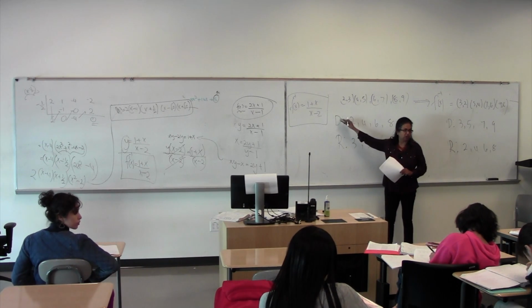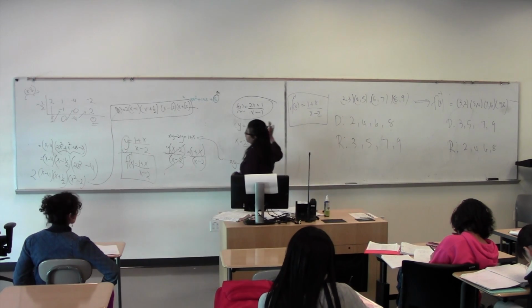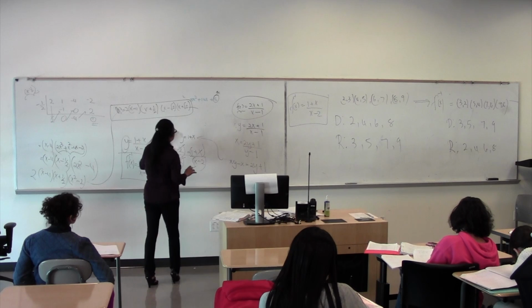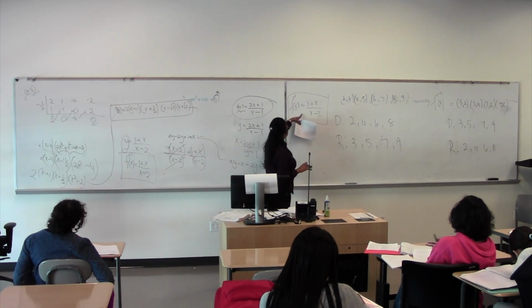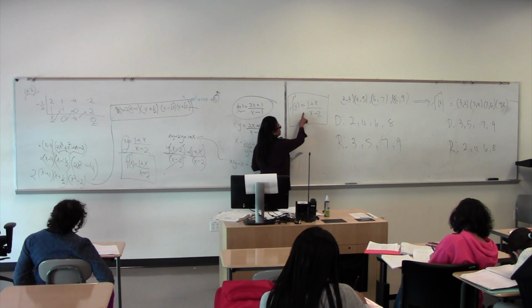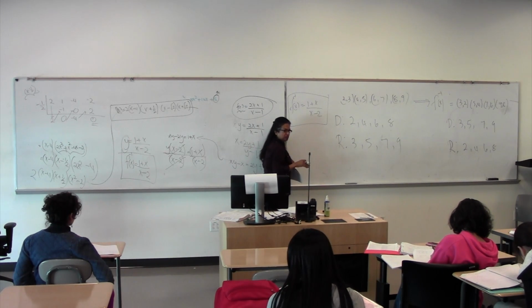I'm not going to give a tricky question like that. Why is this inverse a function? Because the original function is a one-to-one function. So here we know this is a function, and the inverse is also a function, right?